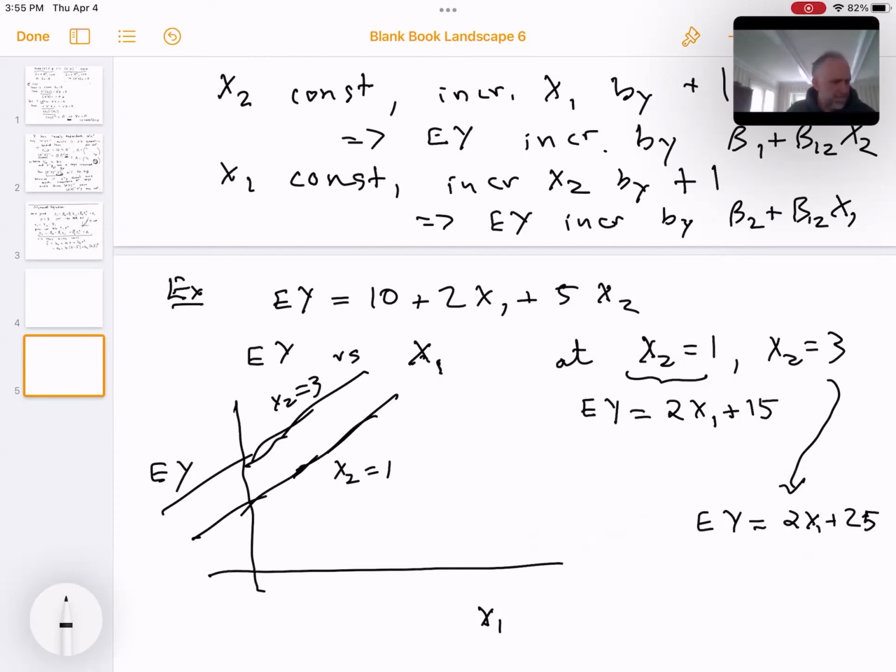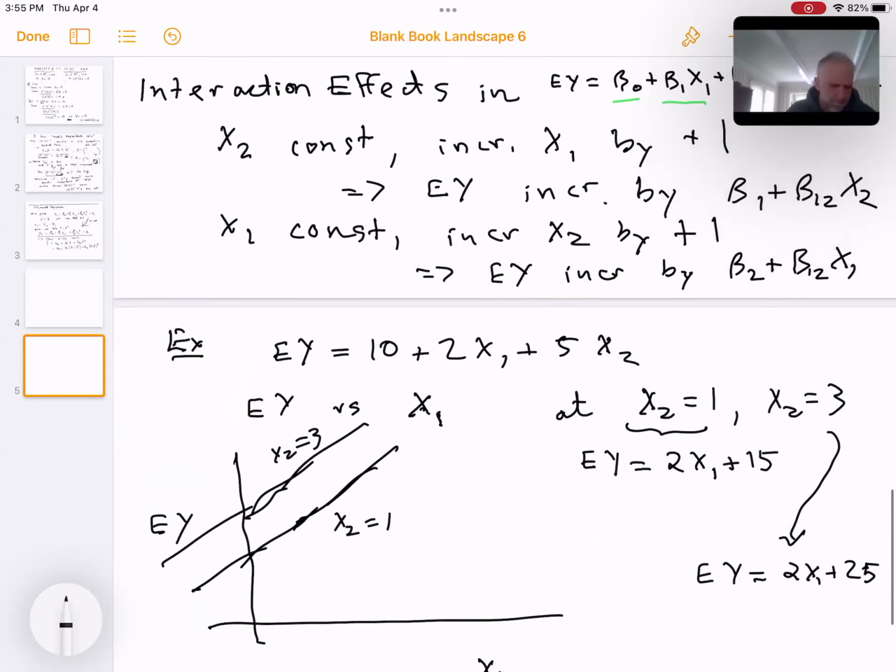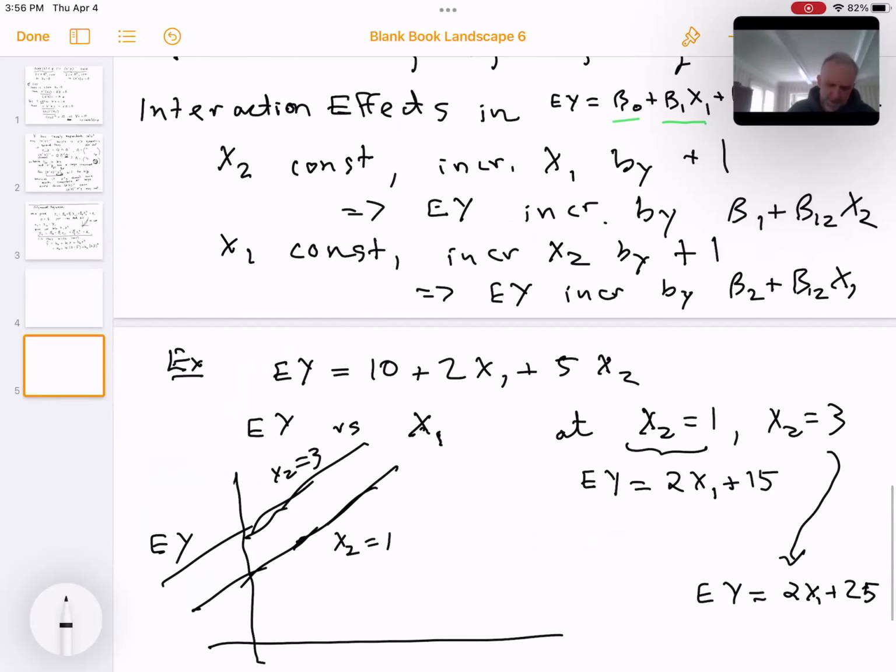Did I get this right? Yeah, for this model, this doesn't have an interaction term.